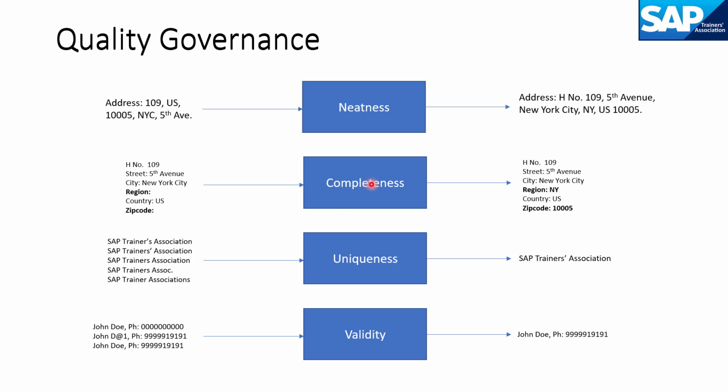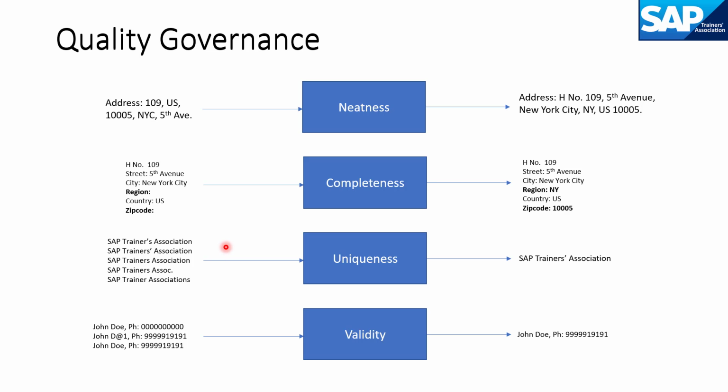The system can connect to several APIs where it can fetch the missing details. So you have house number, 5th Avenue, New York City. There are many APIs available which MDG can use to identify which region and zip code it belongs to. So you pass half-cooked data and it will fill all the remaining details automatically.